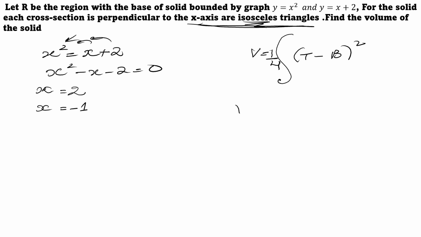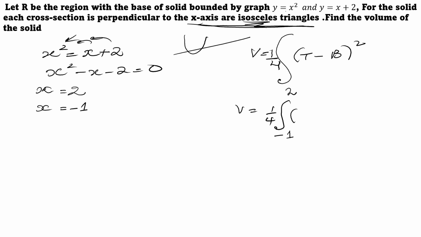So we will write V equals 1 over 4, with the smaller number at the bottom and the bigger number at the top. What is the top and what is the bottom? Remember that x square looks like a parabola and x plus 2 looks like a line.